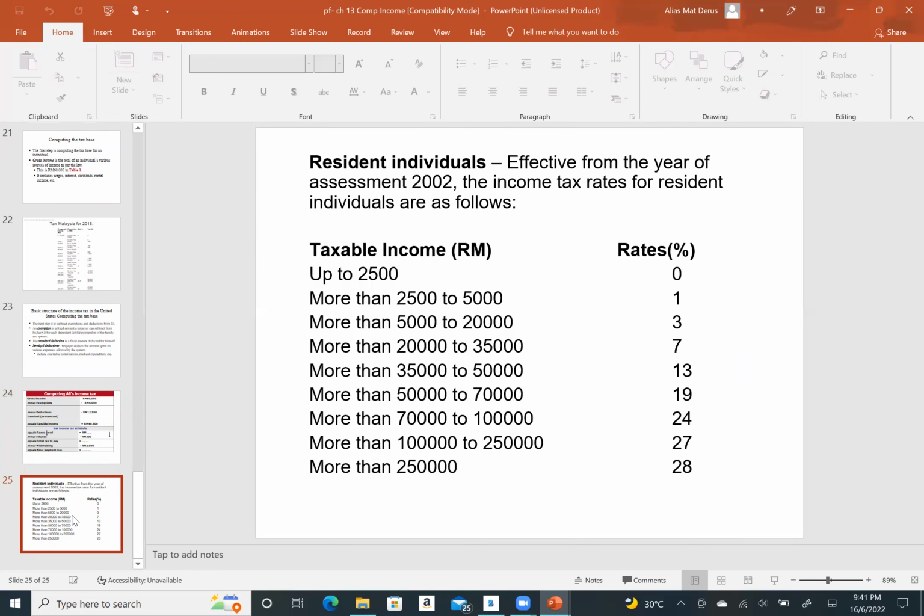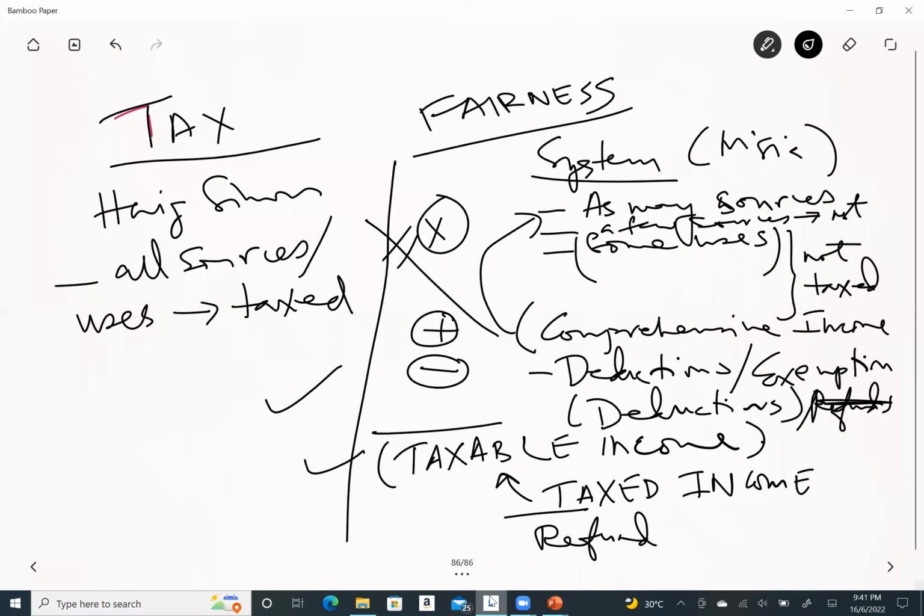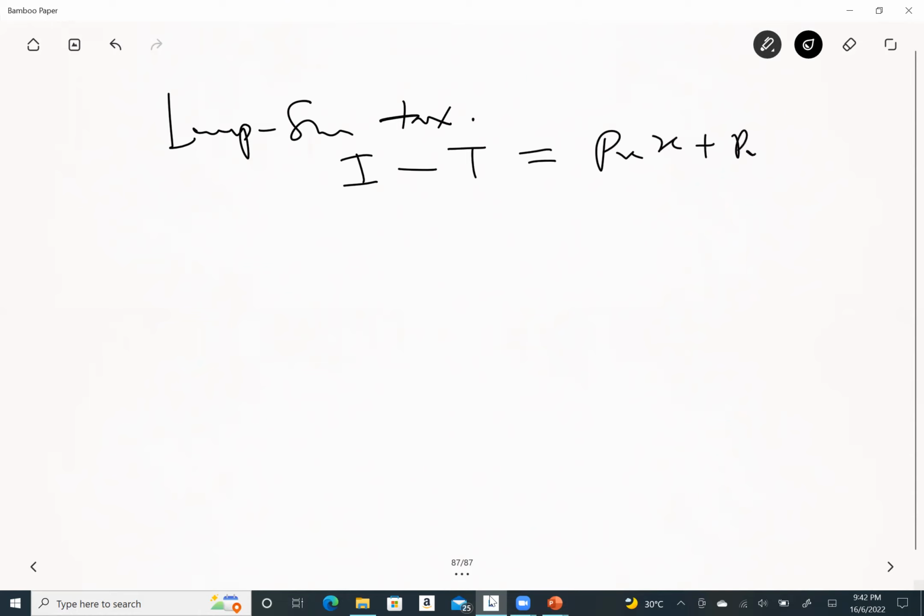Now, what about the rates? The rates of income tax are not as simple as a flat rate tax. If you recall, last time we were talking about lump sum tax. The lump sum tax means you tax income a constant amount, which is T equals PXX plus PYY.